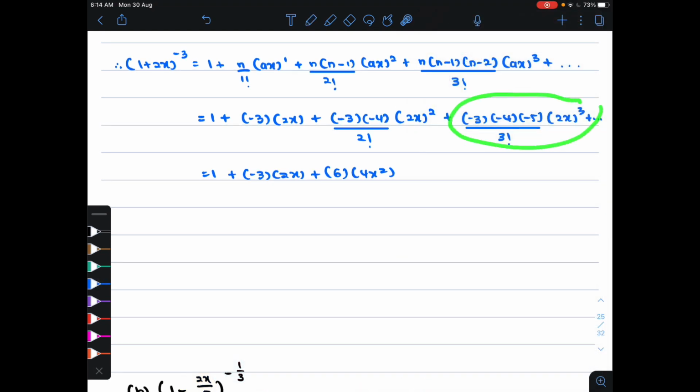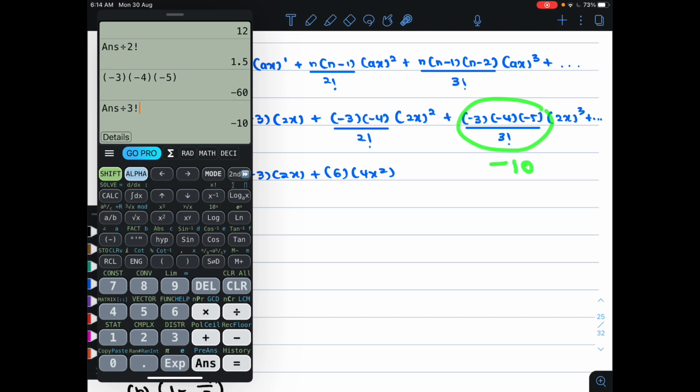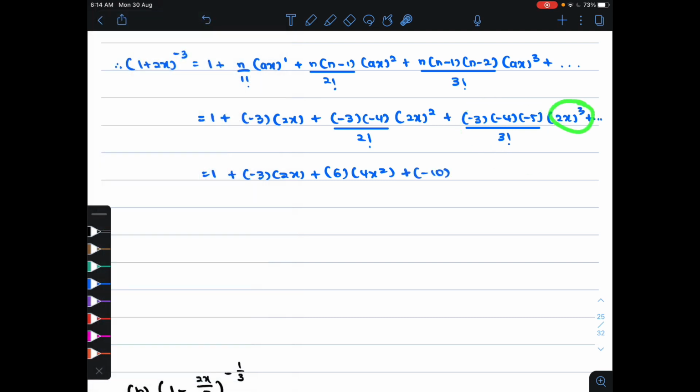Now we just need to expand the last term. And this will give you negative 10. 2x cubed will give you 8x cubed. And then we have plus dot dot dot kat belakang ni.